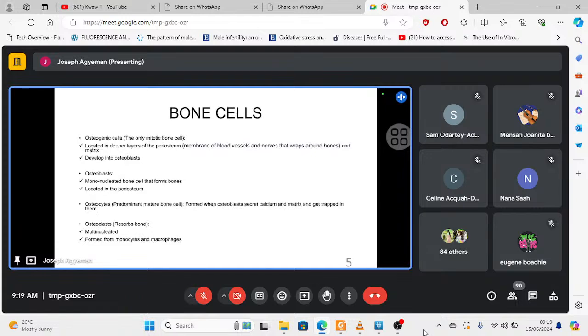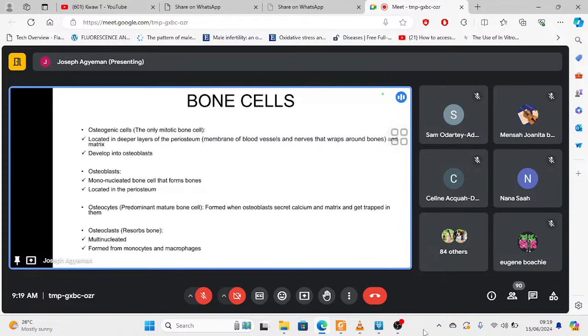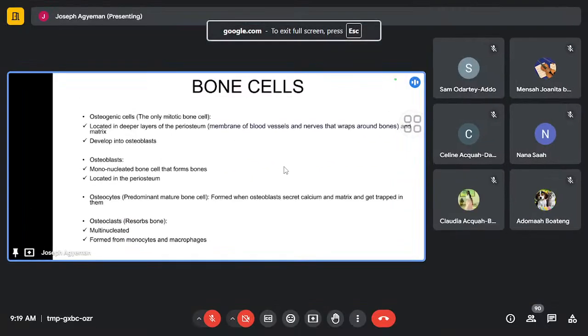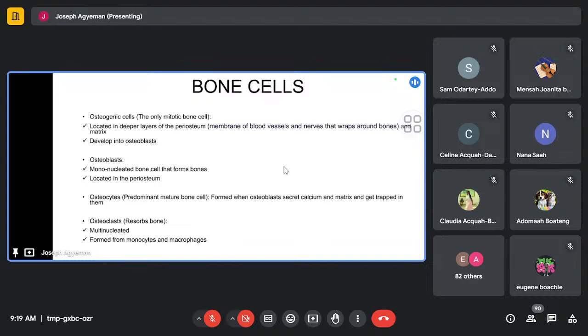Now, it is very important that we understand and know the cells that normally have any issue with the bone, where they are found, and the roles that they play. Because in osteoporosis, it is important to understand this, because you may have some of the cells that contribute to the osteoporosis.